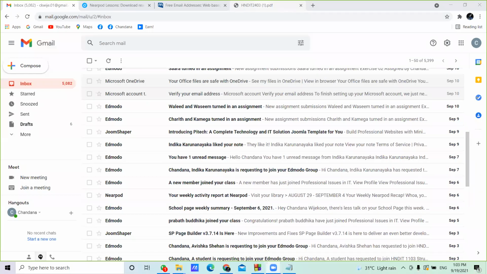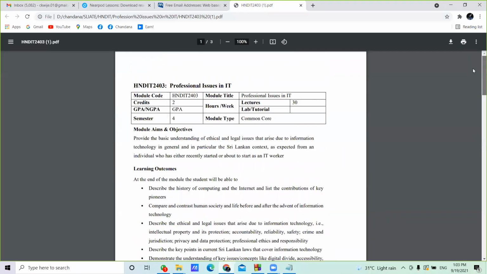However, I want to give some information about your syllabus. We also want to complete some assignments, right? According to your syllabus, first I am going to refer to your syllabus here. Look at the syllabus.